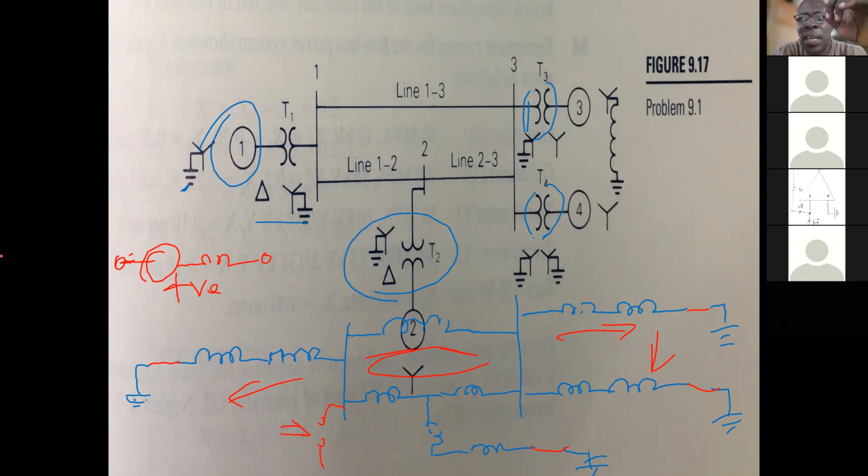So the impact of one fault versus another, well, first of all, it is highly unlikely, near impossible, for you to have two faults occurring simultaneously.